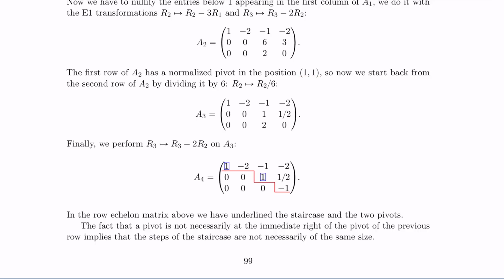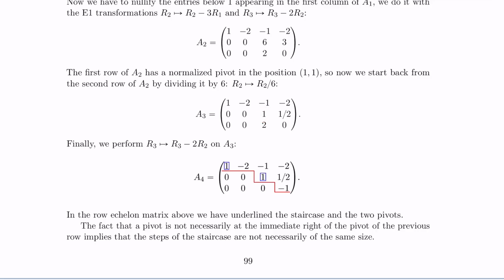with a normalized pivot in the position 1,1. Now we fix our attention to the second row of A2 and we normalize the first non-null entry, this one. This means that we have to operate this E3 transformation dividing R2 by 6 and obtaining this matrix A3 with a normalized element here in the second row.